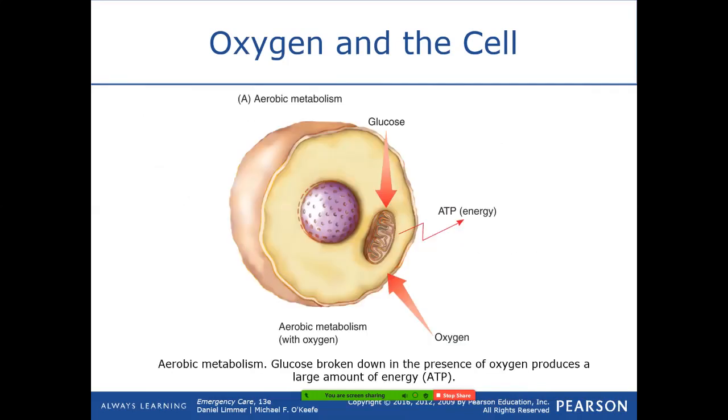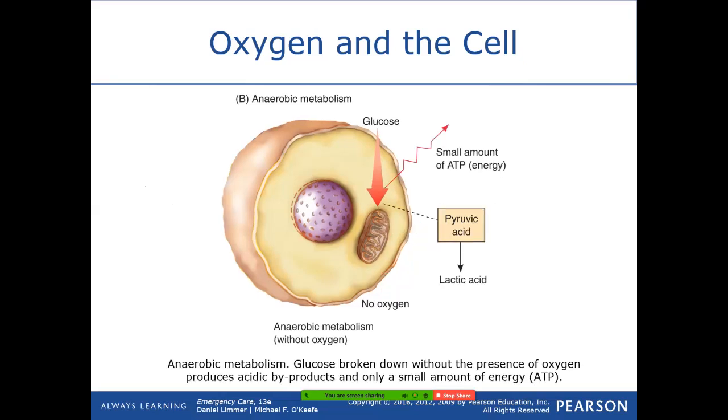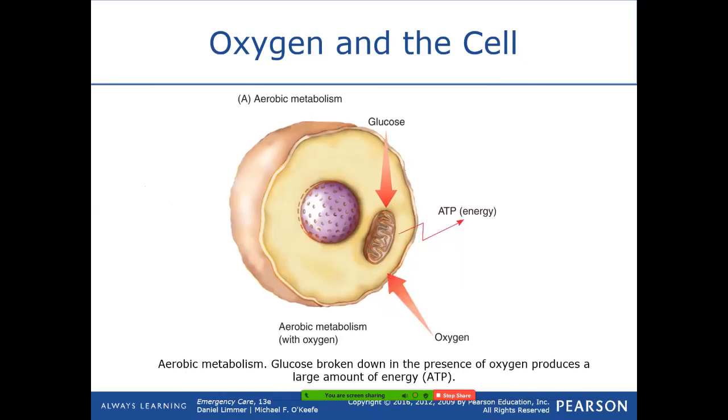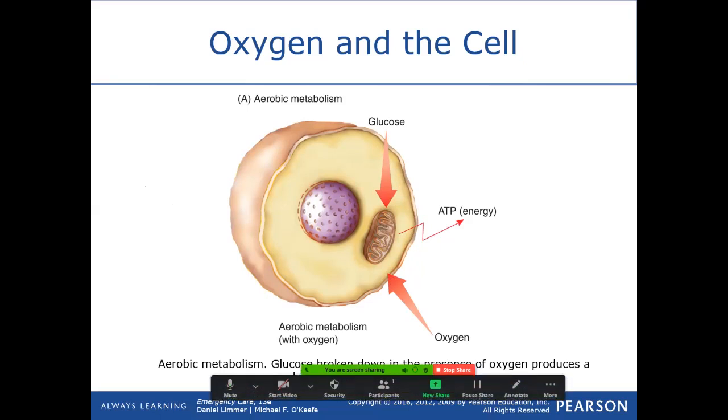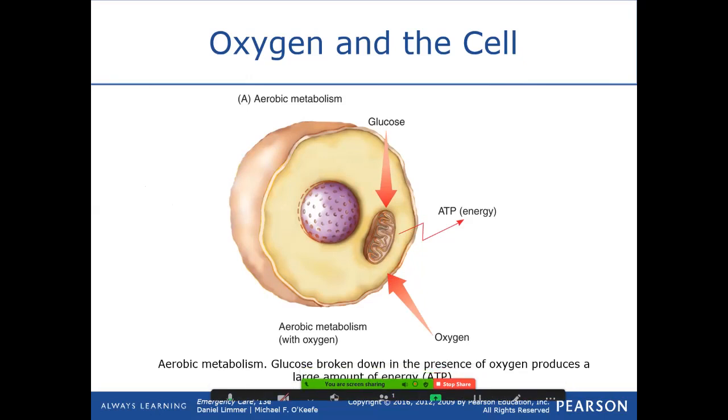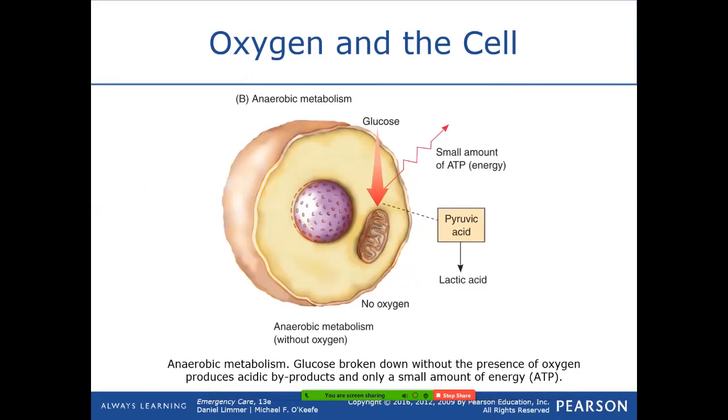Okay, and here's a quick picture of the oxygen in the cell. Okay, so this is aerobic metabolism. Okay, so we're using oxygen. I don't know if you guys can see my cursor, but we're using oxygen here, oxygen, glucose, and we create that ATP energy.